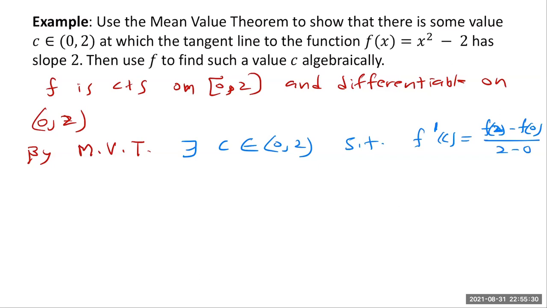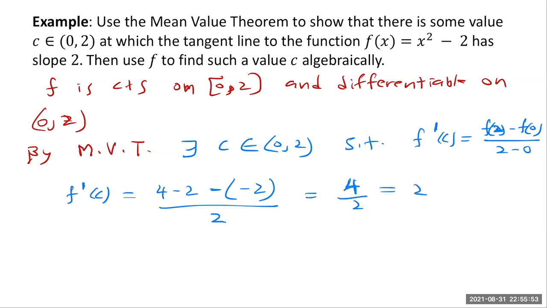That means f prime of c is equal to f of 2 minus f of 0, over 2. To find f of 2, you plug in 2 here. You get 4 minus 2, minus f of 0, which is minus 2, divided by 2. On top you get 4, divided by 2, which is 2. That's what we were asked to prove: that there is some value c between 0 and 2 at which the tangent to f of x has slope 2.